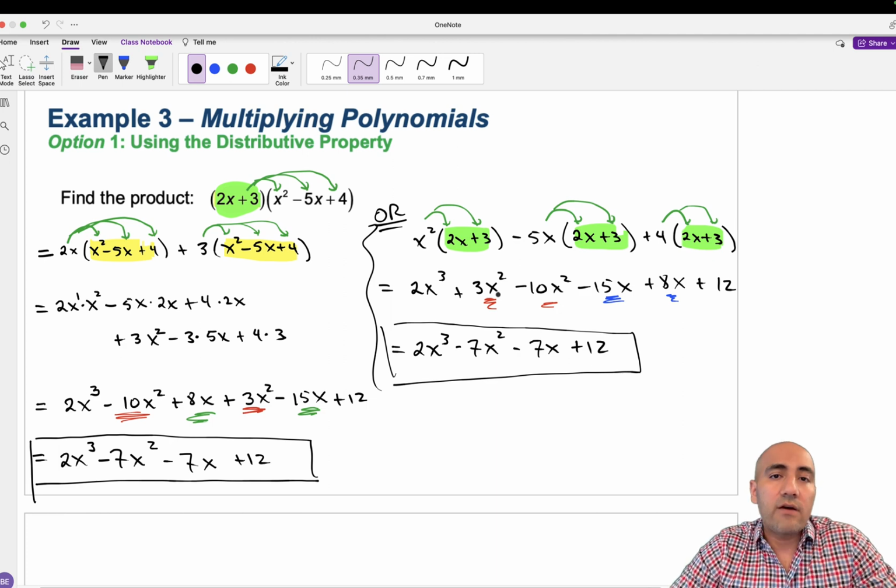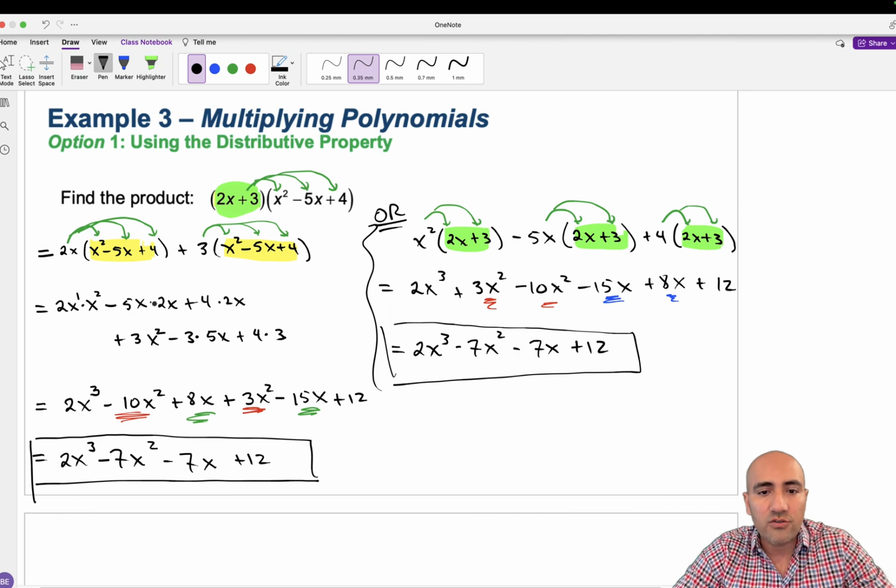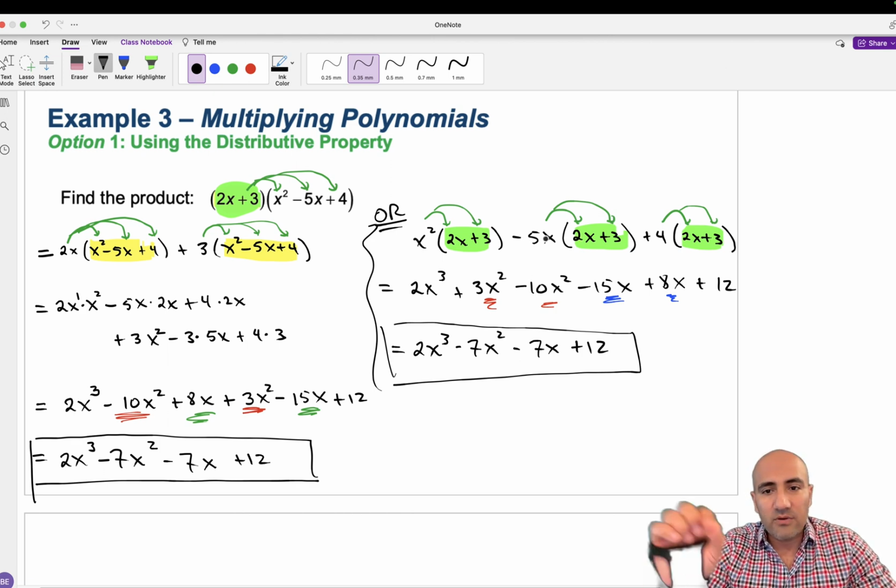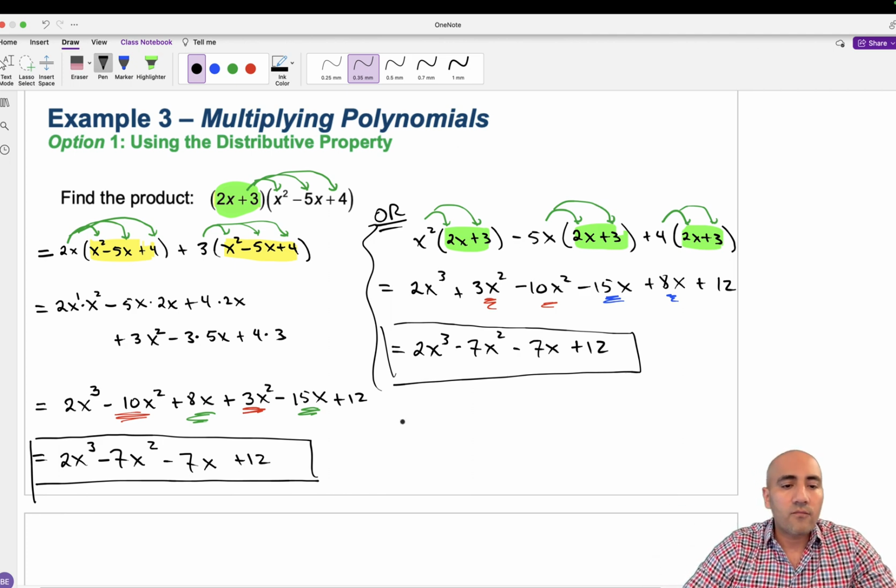You still have to write down enough for someone to be able to follow your work, but those little details about the signs and distributing a minus become second nature, and you don't have to do as much writing unless you feel like you still need it until you feel really, really comfortable with the signs. So for example, here I kind of did it in my head that minus 5 times 2 becomes minus 10, as opposed to rewriting it as an addition of a negative and carrying that along.